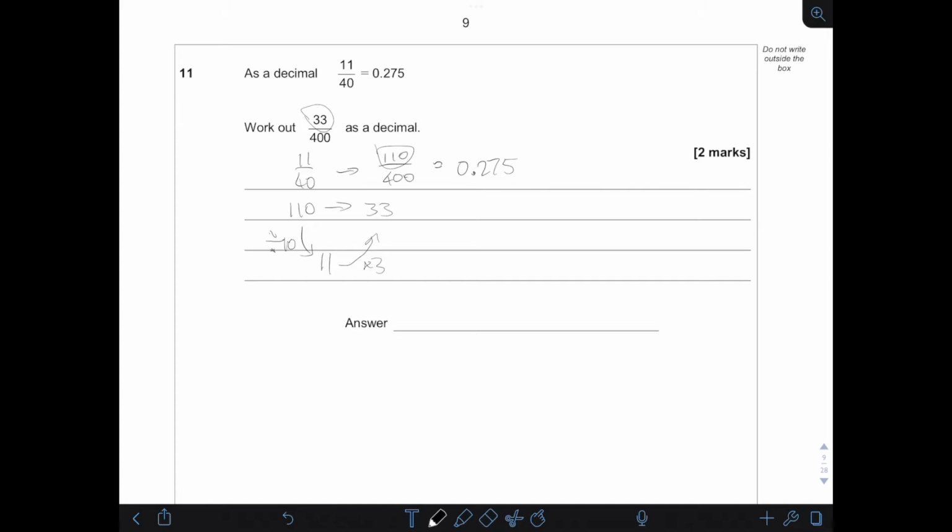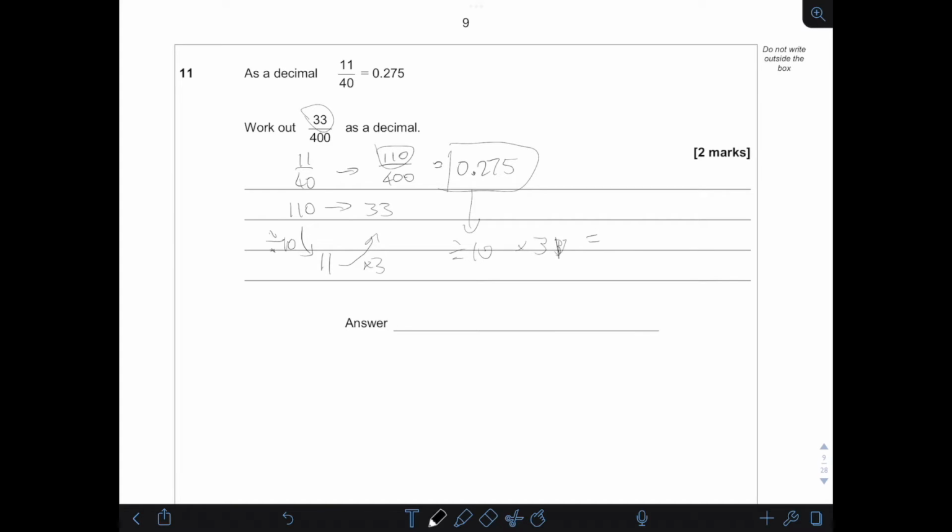So what we need to do here is essentially take this number, divide by 10, and then times 3. And then we'll get our answer.